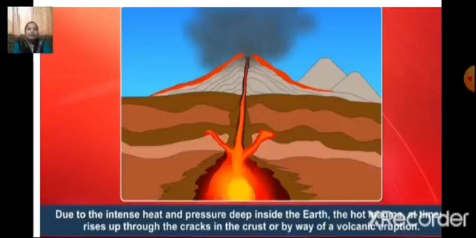Now, the magma sometimes cools quickly or it cools slowly. At times it cools down under the surface of the earth and at times it cools down above the surface of the earth. Depending on how the magma cools down, different kinds of rocks are formed.